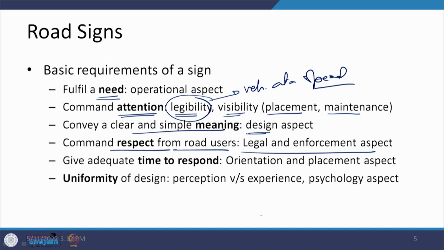The next thing is that the time to respond is also an important aspect. And that is also related with the placement, that is also related with the way the signs have been oriented with respect to the direction of travel. The vehicles are traveling in this form, and we have provided a sign like this, or we have provided a sign like this. So, this is facing to the vehicle and this is at 90 degrees to the vehicle.